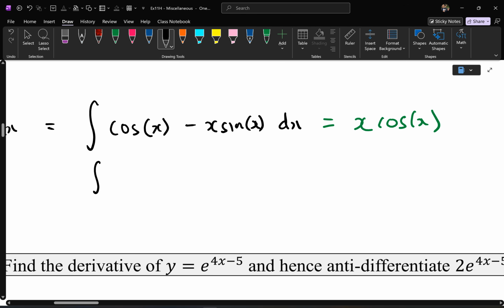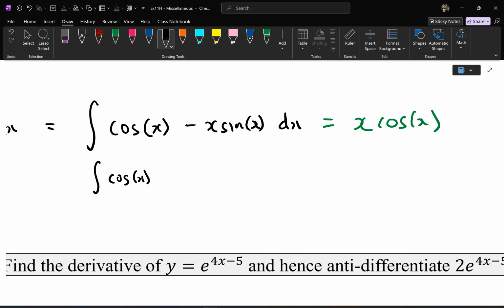So if you separate it, you can do cos of x dx separately minus x times sine of x dx separately, and it equals x cos of x. This is called integration by recognition because you have to recognize that the one that you want is actually within your derivative. So here, this is what you want. You don't want the negative and you don't want that cos of x on this side, so move everything to this side of the equation.